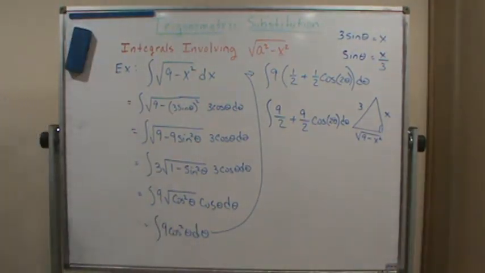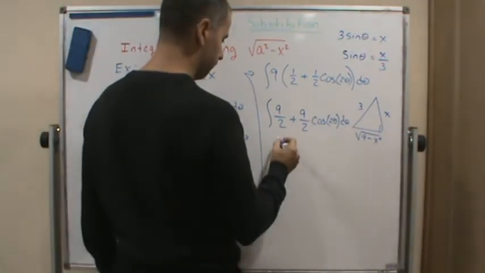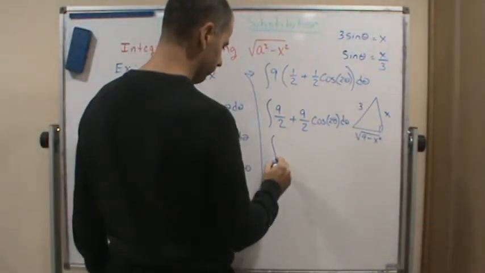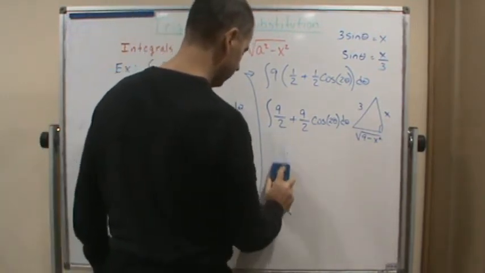And then I can go ahead and integrate this term by term. And if I integrate this term by term, then this will give me what? Oops, I don't want the integral sign.